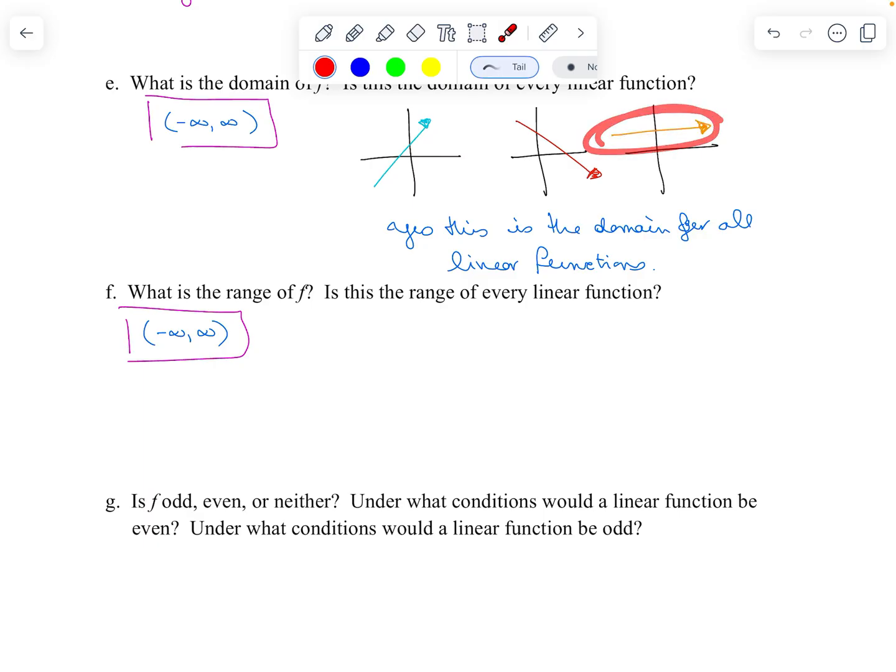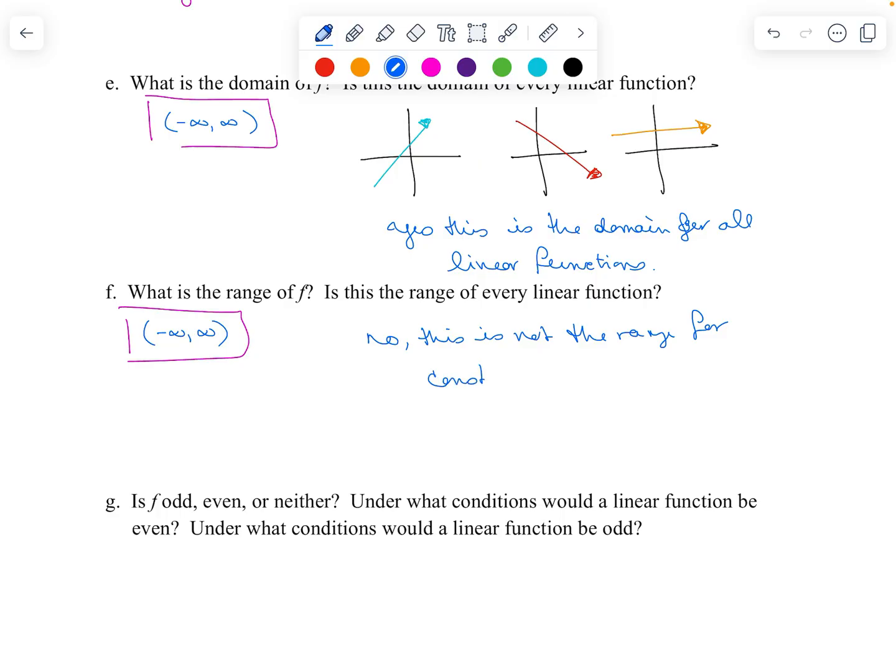It stays the same. So that means the constant function is only going to have one value for its range. So no, this is not the range for constant functions.